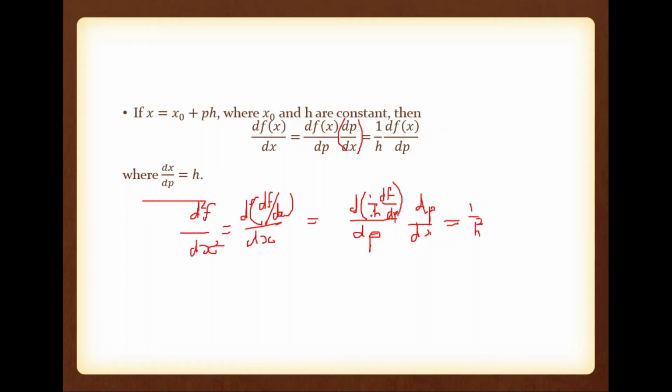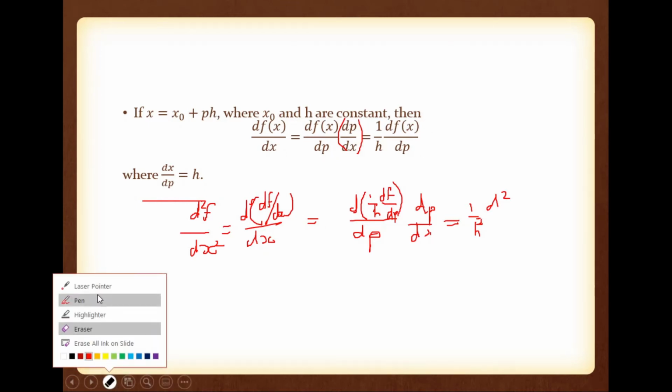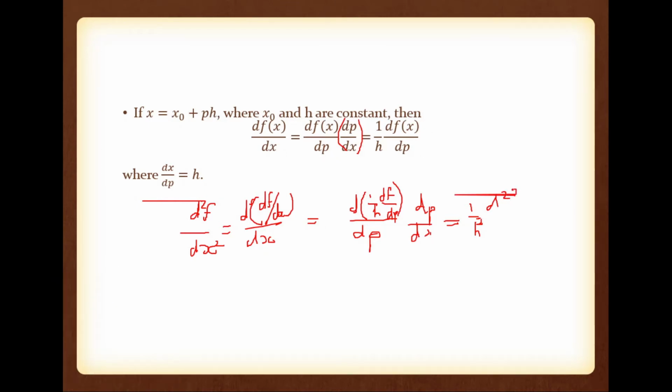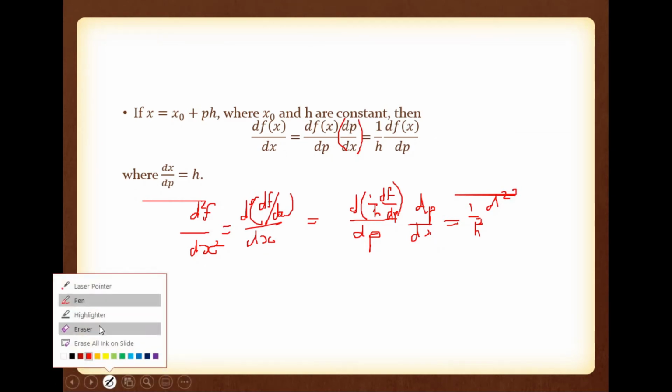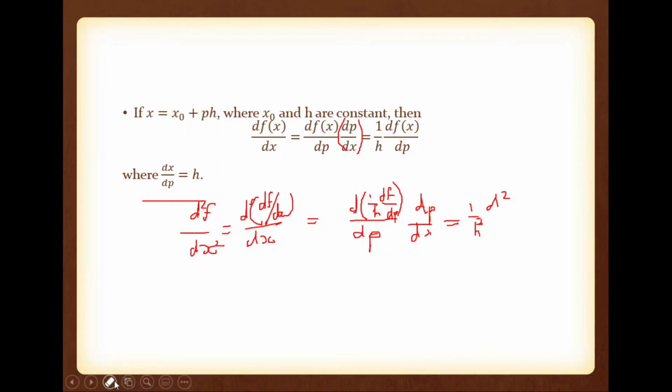Now what is left? We have d of df by dp divided by dp, that is d square f by dp square.